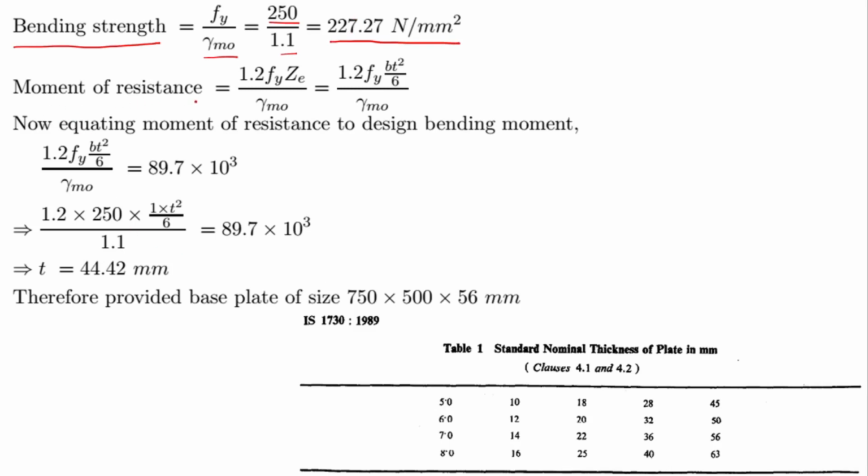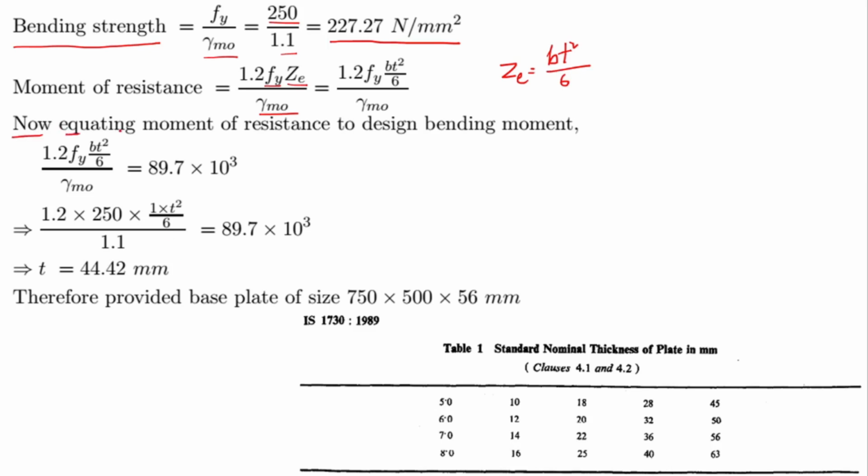Then moment of resistance. This is equal to 1.2 Fy Ze by gamma m naught. Fy is the yield stress, Ze is the elastic section modulus, and gamma m naught is the partial safety factor. And elastic section modulus is B t square by 6, where B is the breadth of the base plate and t is the thickness.